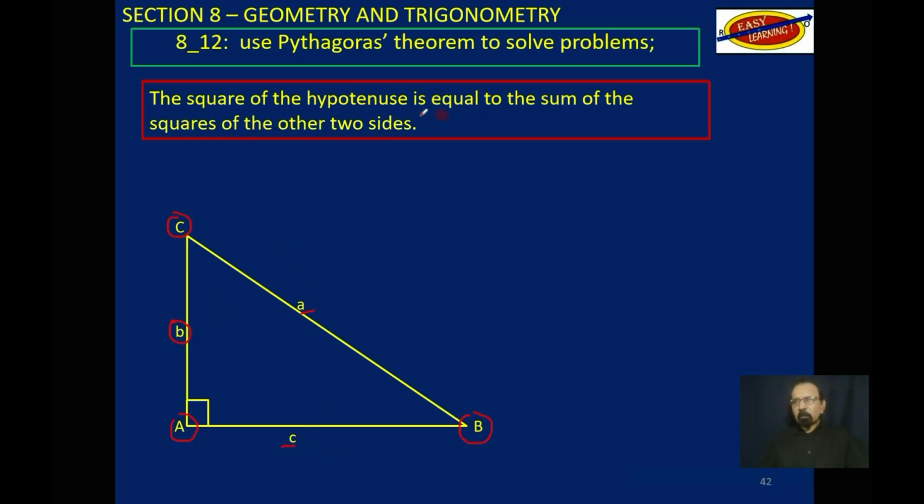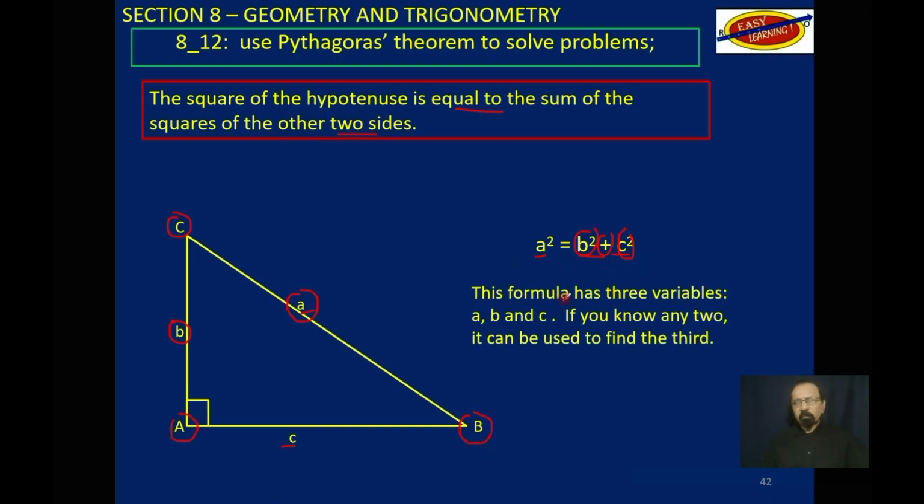Now we could state Pythagoras' theorem in an algebraic expression, which is a squared is equal to b squared plus c squared. Remember, the square of the hypotenuse is equal to the sum of the squares of the other two sides. Now we have that formula.